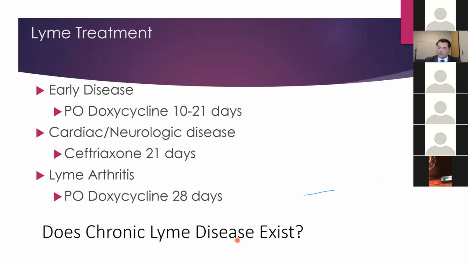And every year at our infectious disease conference, there are people protesting with chronic Lyme disease posters saying that the Infectious Disease Society of America has a monopoly on what is and is not a disease. But there are definitely sequela of Lyme disease that people have issues with.